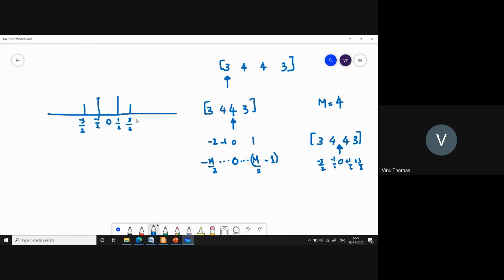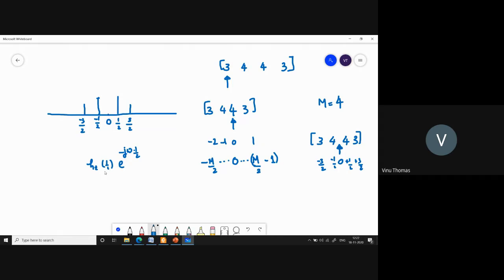So since the indices are relabeled, this is a symmetric impulse response, and therefore you will end up with a real frequency response. Say, for example, you don't have a sample at 0, but you have a sample at 1 by 2. So maybe we can write this as h of 1 by 2 into e raised to minus j omega into 1 by 2.